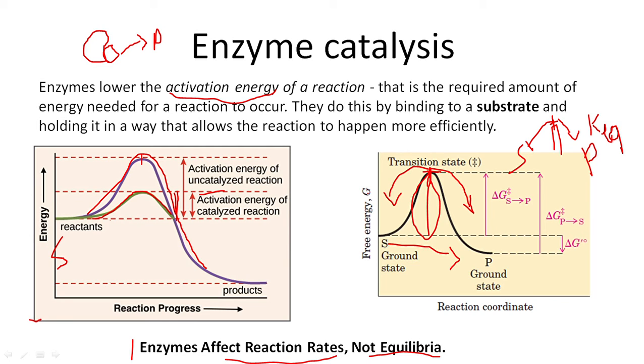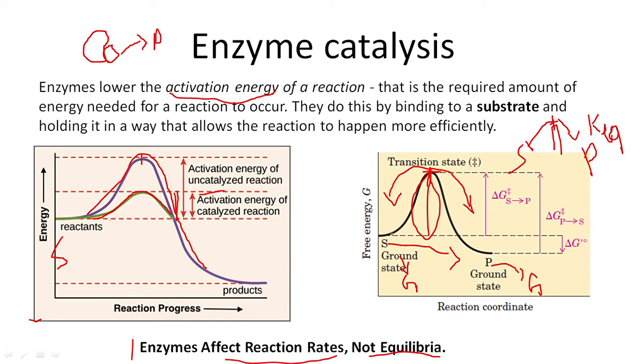Means what the enzyme does is it fast-forwards the reaction, means the reaction rate increases. And how does it increase the reaction rate? By minimizing the energy required for the reaction. So it does not affect G. We know that the ground state has its own free energy, and the substrate has its own G, and the product has its own G, means free energy.